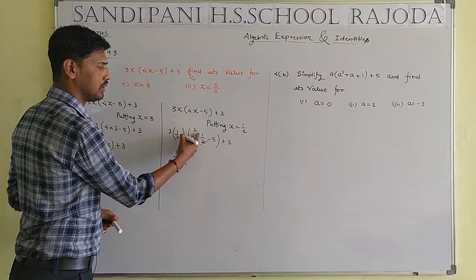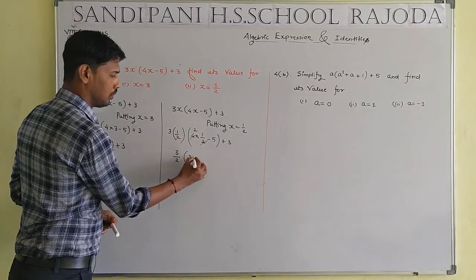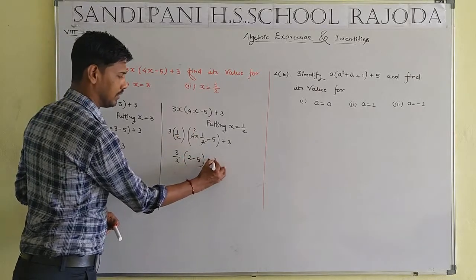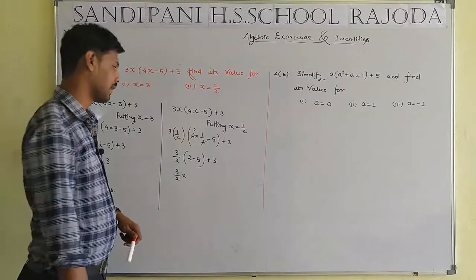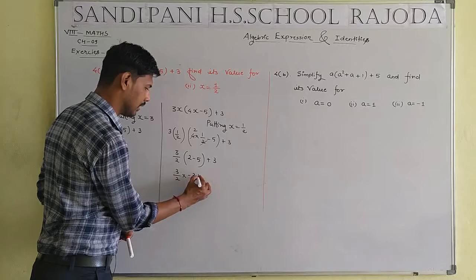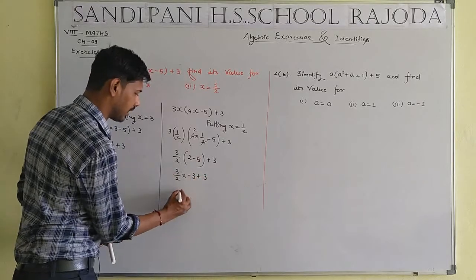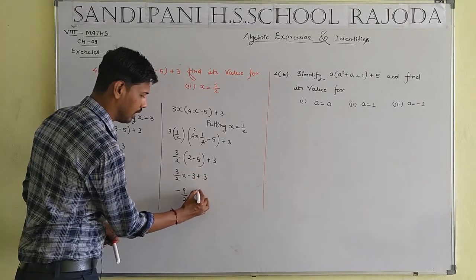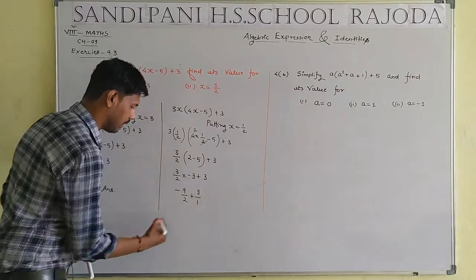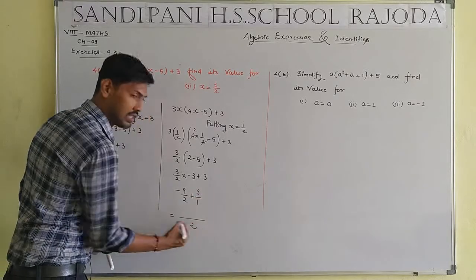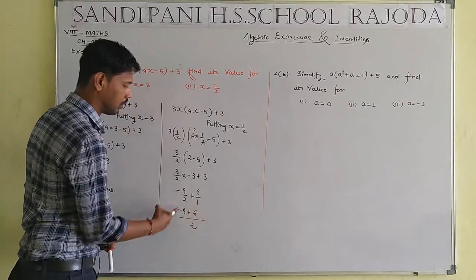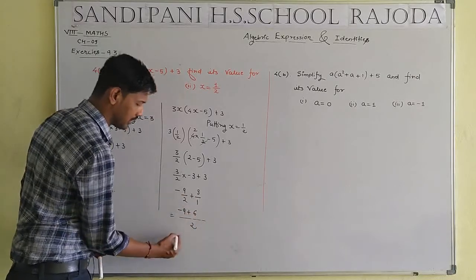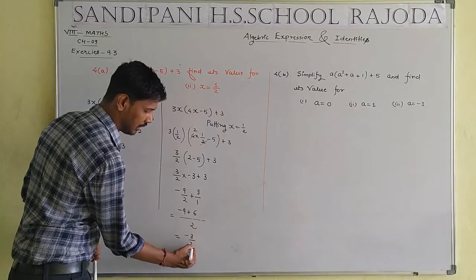So 2 1 are 2. 2 minus 5 plus 3. Student, 3 by 2 into plus minus 5 minus 2 will be equal of minus 3 plus 3 plus minus 9 by 2 and 3 by 1. Simple LCM between them. 9 1 are 9 and 2 into 3 will be equal of 6 plus minus, then we are getting the minus 3 by 2.